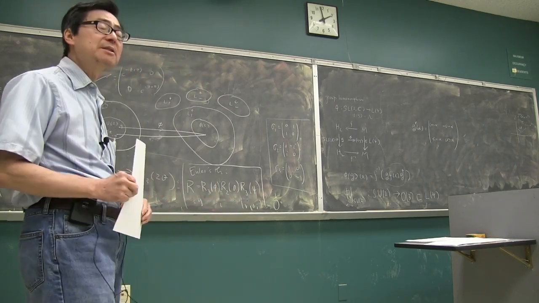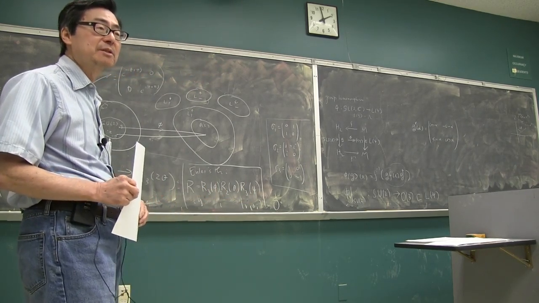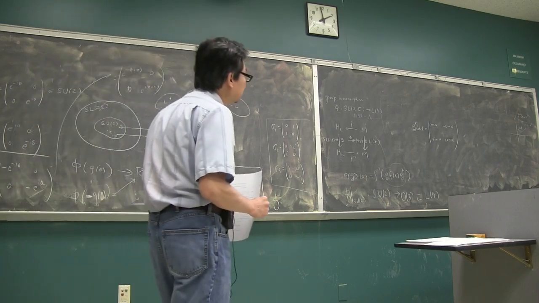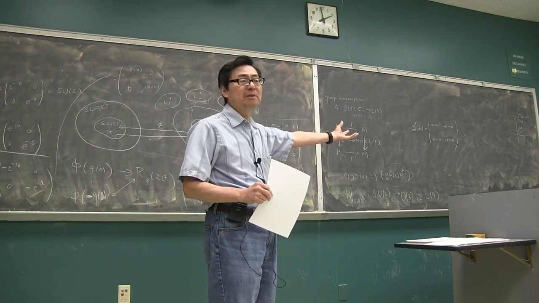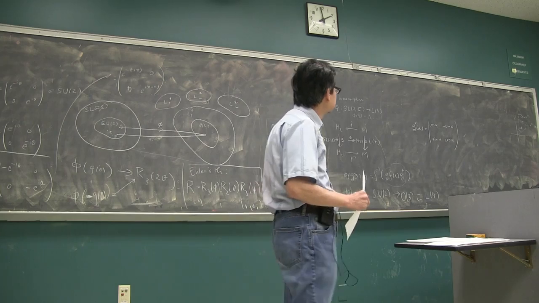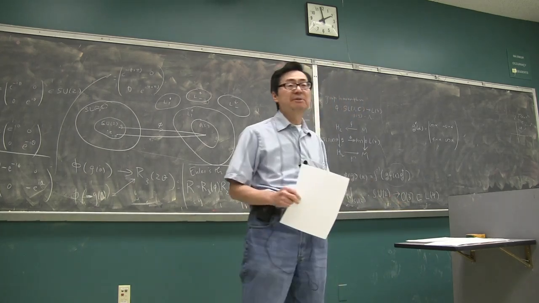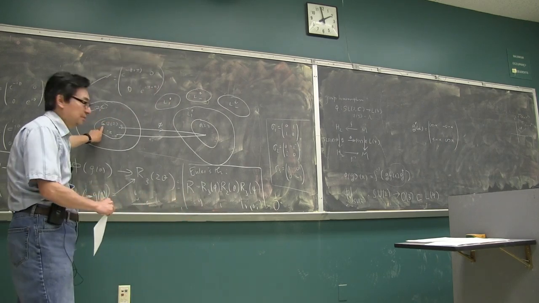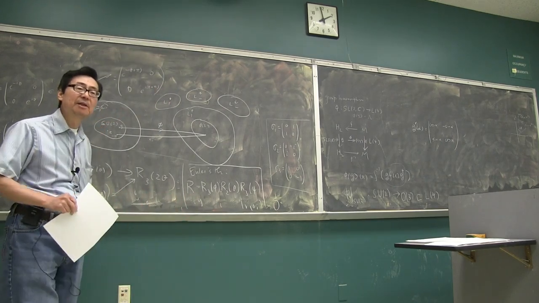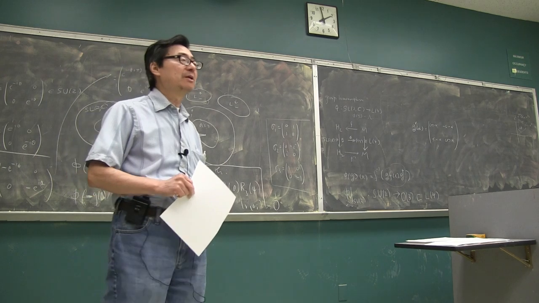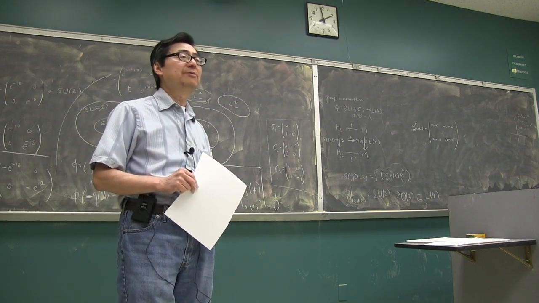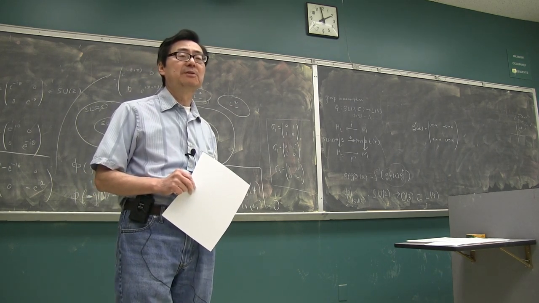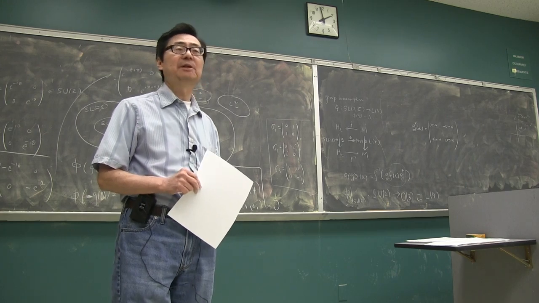But first of all, check that it is in fact a unitary matrix, okay? First of all, the determinant is obviously 1. The determinant is cosine square alpha plus sine square alpha, so it's obviously 1. So it satisfies this condition. Is it unitary? Yes, because its inverse happens to be its Hermitian conjugate.